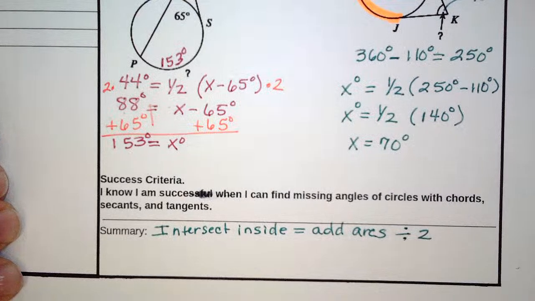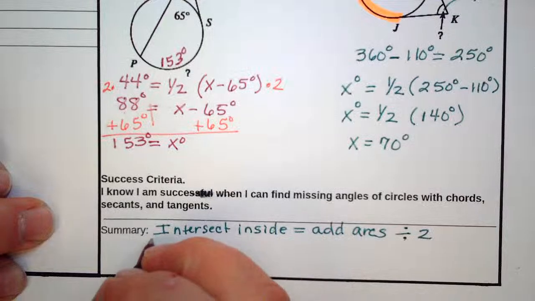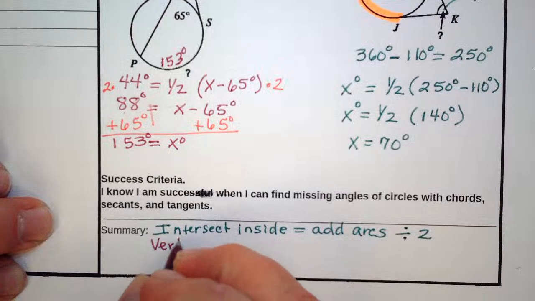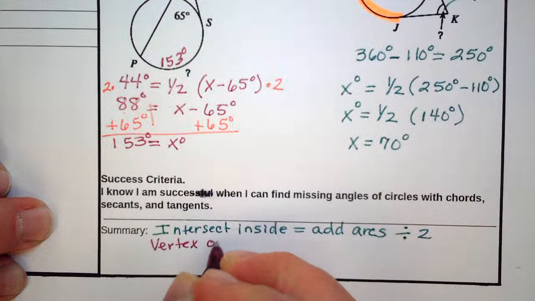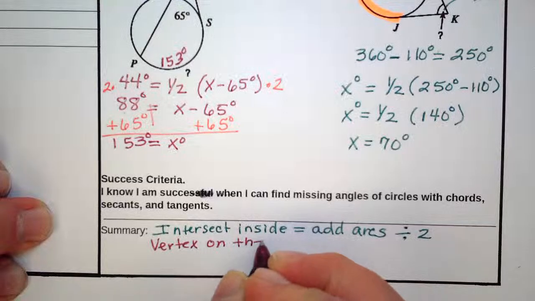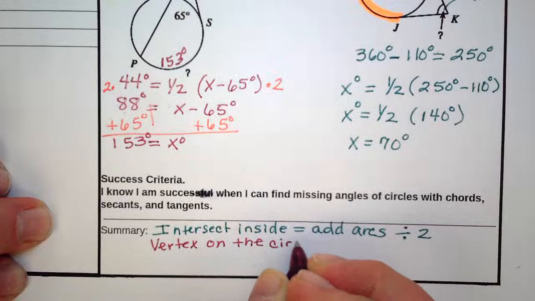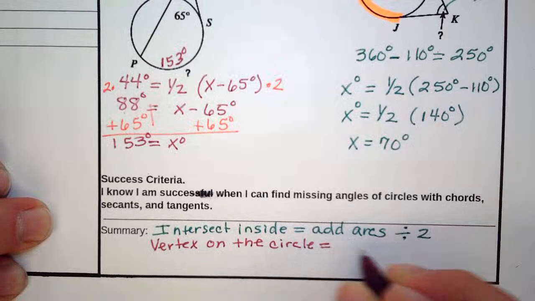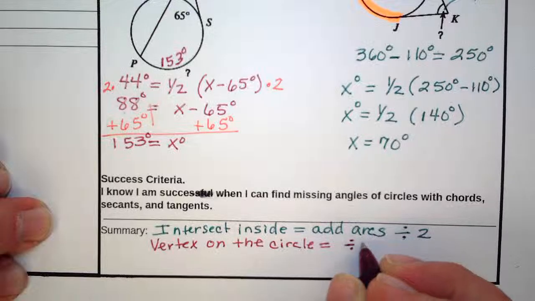If the vertex is on the circle, you simply divide by 2.